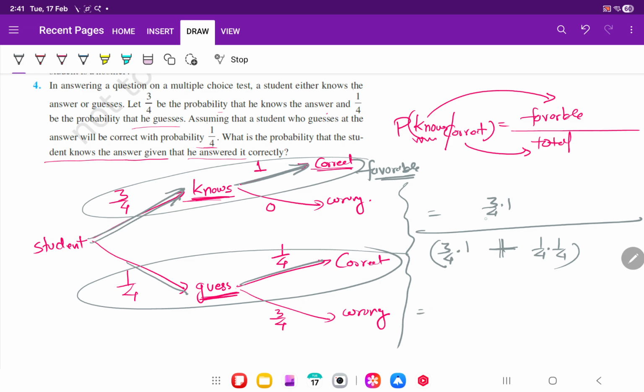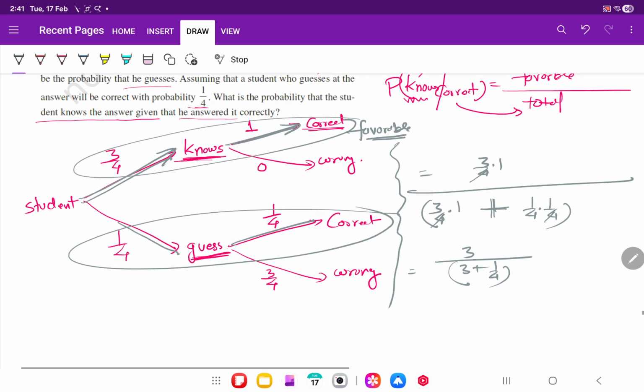I think 4 and 4 cancel. So it is 3 by 3 plus 1 by 4. Okay, which will be how much? 3 by 12, 13. If you simplify it, it will be 12 by 13. This is the answer if you simplify it.